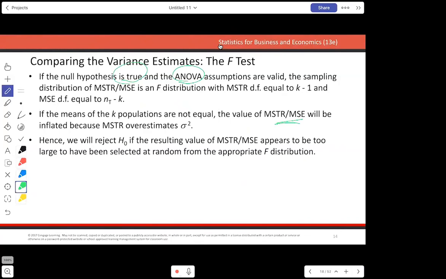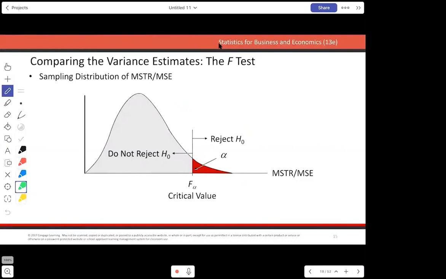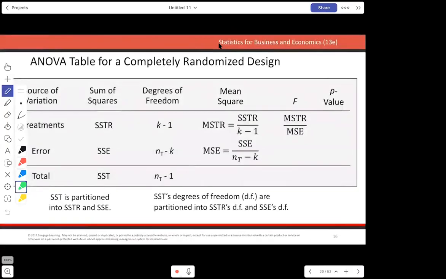However, if it turns out that the means happen to be from the same population, they happen to be equal, then in that case, we would find that MSTR over MSE is not a large number. In other words, it will be closer to 1, and we cannot reject the null hypothesis that those treatments have the same mean. Okay? So I think it's time to get into a problem.